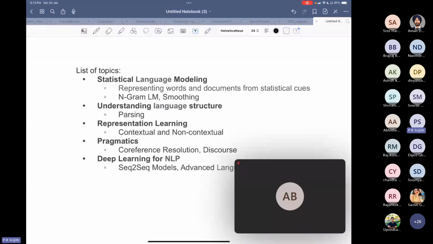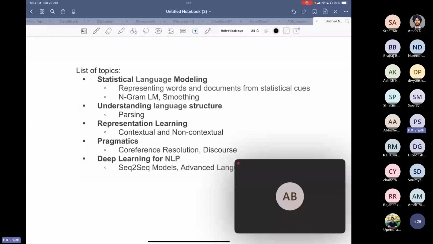I hope in the machine learning course you may have learned what a sequence labeling problem is. Most problems in NLP are sequence labeling problems, and we look at the statistical models used to solve them, and deep learning based models used for sequence labeling.